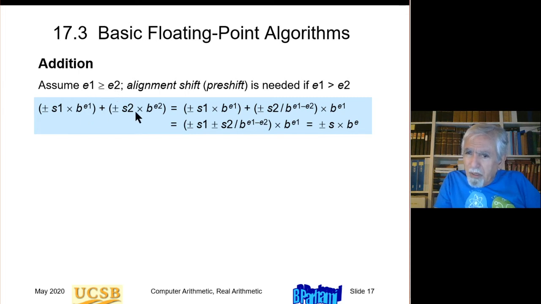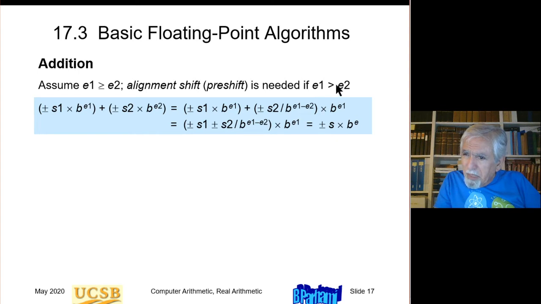If they're equal, then that's the easy case. If they're not equal, then you have to pre-shift the number with the smaller exponent by E1 minus E2 bits.